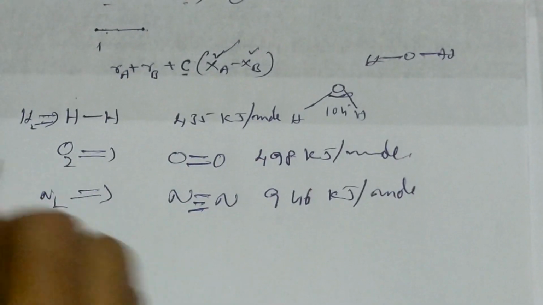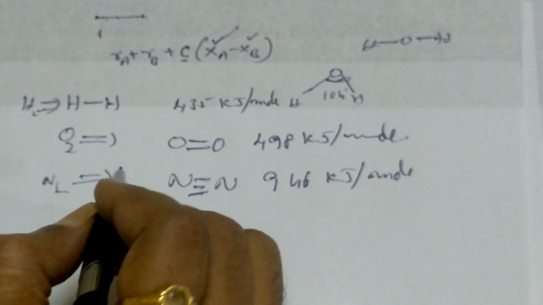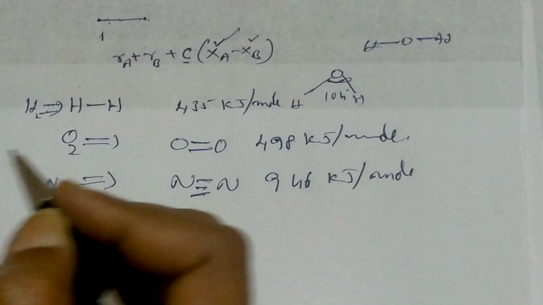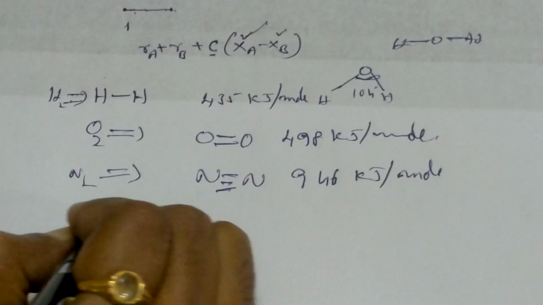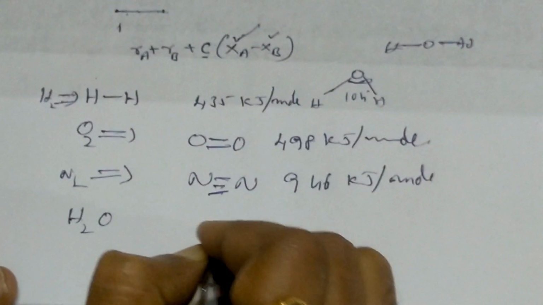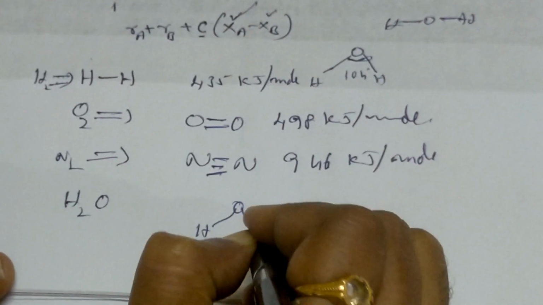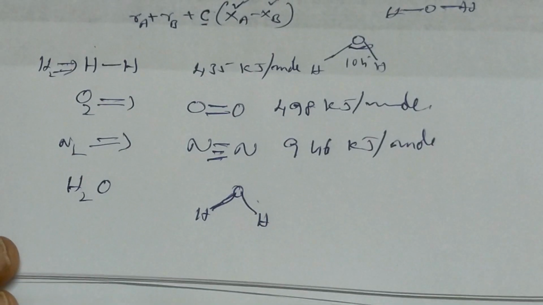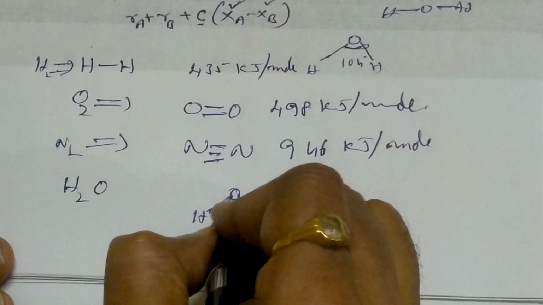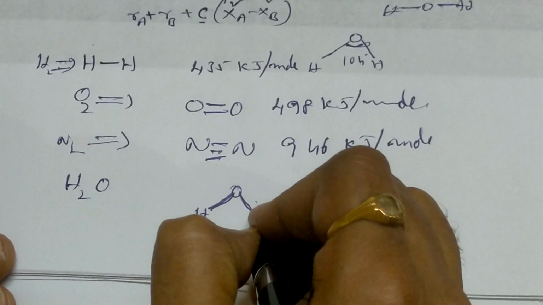If it is hetero, like HCl, that will be different again. And if it is H2O type, that means O-H, O-H. Remember, these two are not the same. This will be different and this will be different.